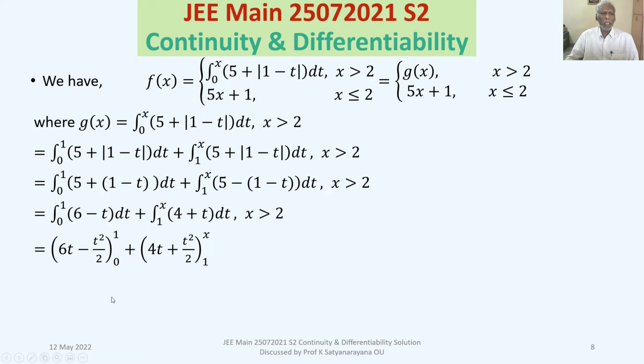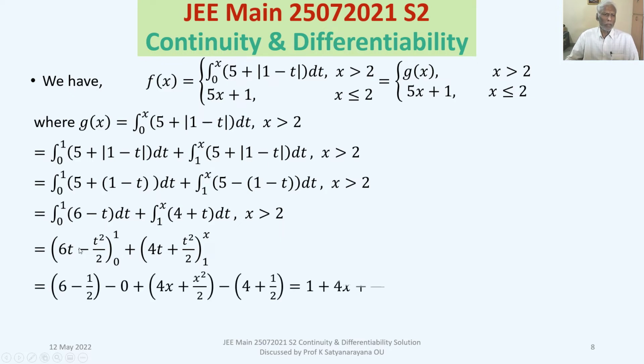Substitute the upper limit, that is 6 minus half, the lower one 0. For the upper, 4x plus x square by 2. For the lower, 4 plus 1 by 2. Simplify. After simplification, we will get 1 plus 4x plus x square by 2.